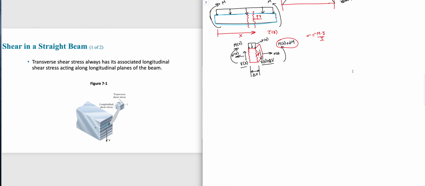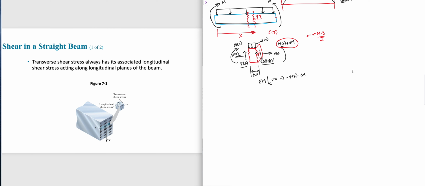So let's name this thing. Let's name that this is the centroid C. Can you tell me what are the sum of moments with respect to C? That should be equal to 0 because it's an equilibrium. So with respect to C, would you agree if I told you that that implies is nothing but V of x times delta x and it's negative.